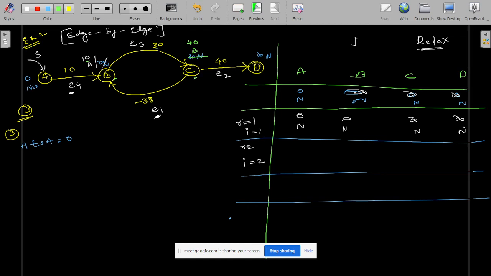That is why we have to do the rounds. If it is 4 edges, we have to do 3 rounds. If it is 5 edges, 4 rounds. If it is 7 edges, 6 rounds, like that. 40, B we got it. Again E3 is over. I can go for E4.